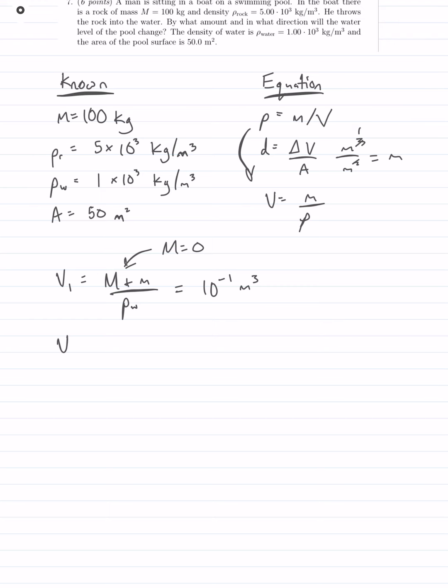Now for V2, we have big M, the boat and the person, divided by density of water, plus little m divided by density of rock. And this is because while the rock is in the water, the density related to the rock is what causes the raise in surface level.